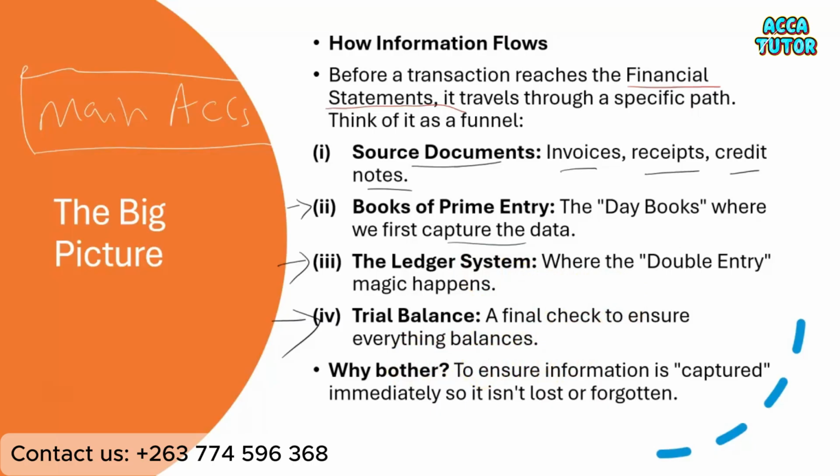Why do we have to worry about balancing? This is to ensure that information is captured immediately so it isn't lost or forgotten. If your trial balance is not balancing, it could be that an error has been committed during the capturing and recording of the transaction. So you need to understand how these things work.